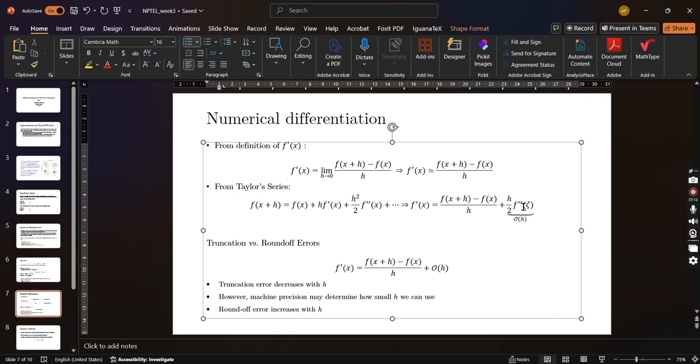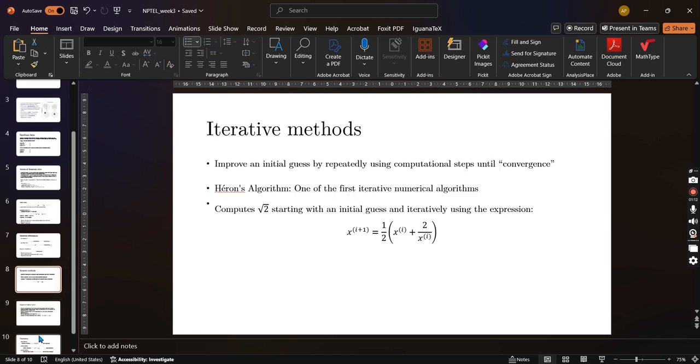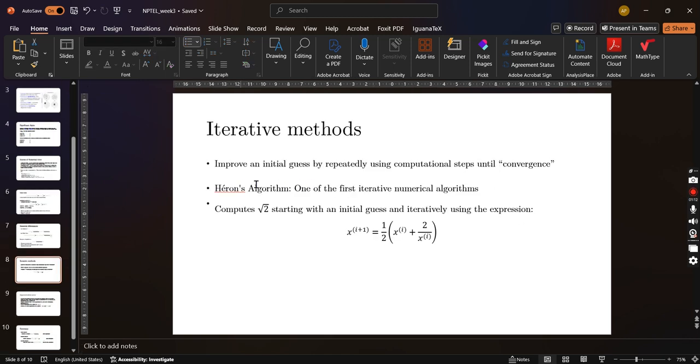Now let us go to the next part, the iterative methods. Until now we were looking at the direct methods, where we had a formula and we don't have to do any initial guess.